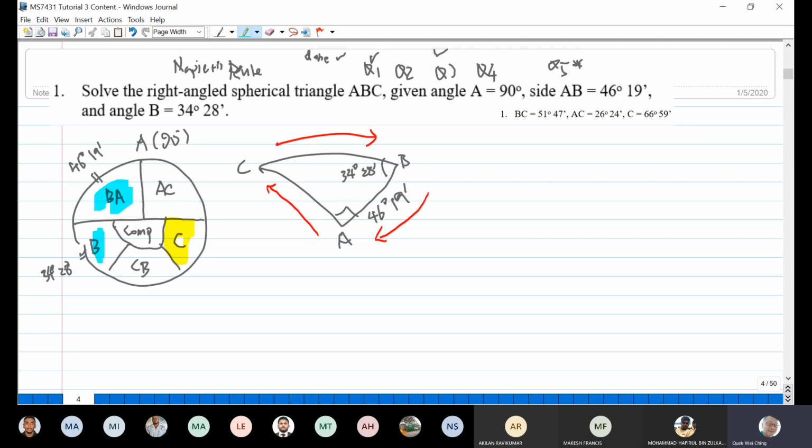So the best way is to find the opposite first, which is angle C. So let's recall Napier's rule. What does Napier's rule say, right? Napier's rule always starts with sine of the middle part. So this time I use opposite now. It's a product of cosine of opposite.